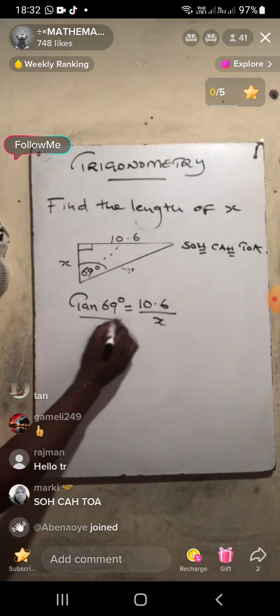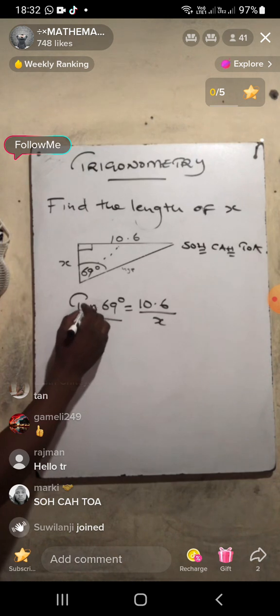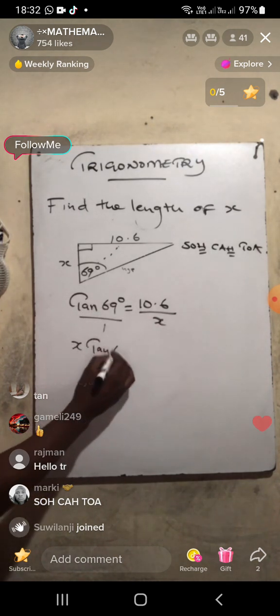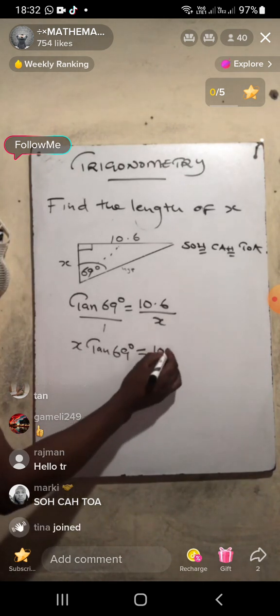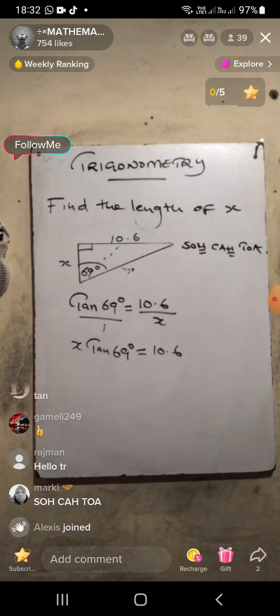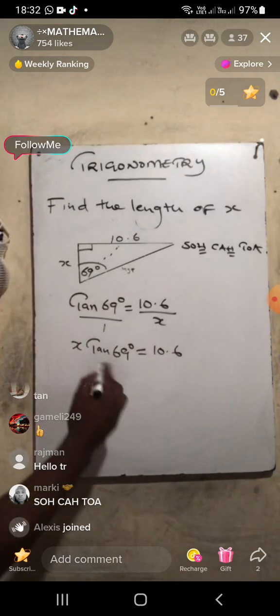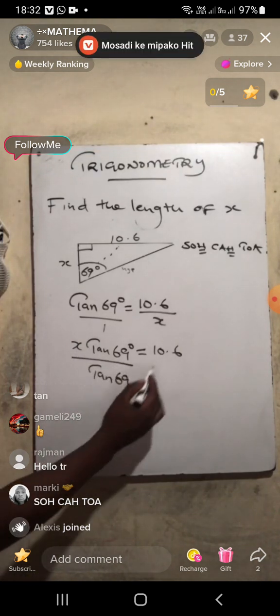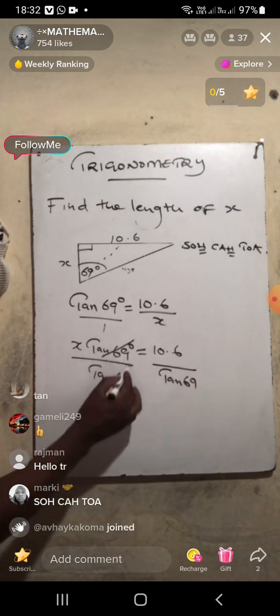So we cross multiply. We're going to have tan 69 multiplied by x, so x tan 69 degrees is equal to 1 times 10.6, which is 10.6. That is not all, because we want to make x the subject of the formula. Hence, we are going to divide both sides by tan 69.